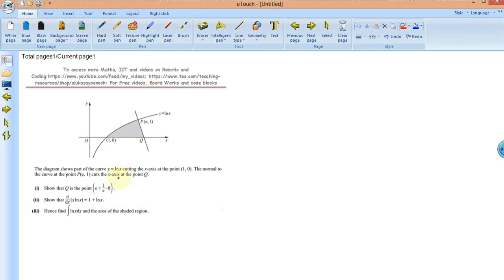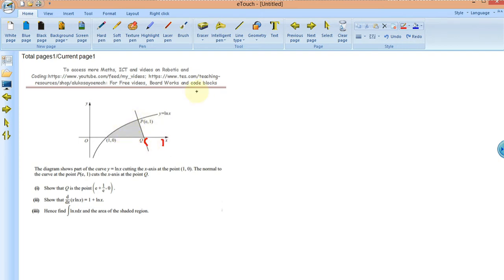Now guys, we want to find the coordinate of Q here. And we already know that this line is perpendicular to the curve.